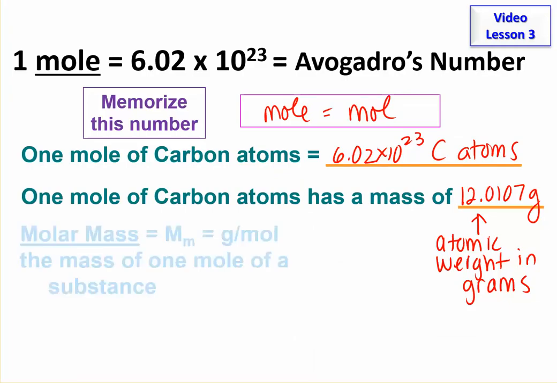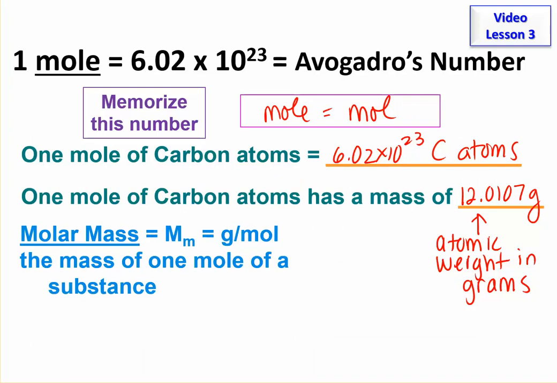So now we can define molar mass. Molar mass means the mass of 1 mole. So when we read off these numbers off the periodic table, that is the mass in grams of 1 mole. So we could say it's grams per mole of any substance.